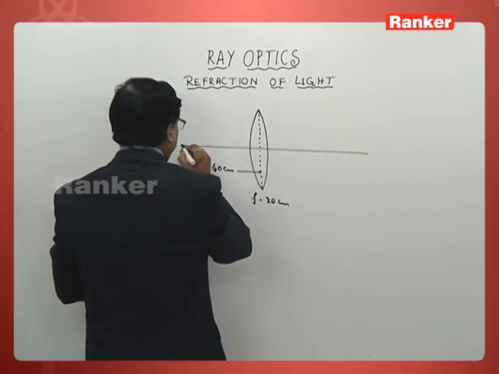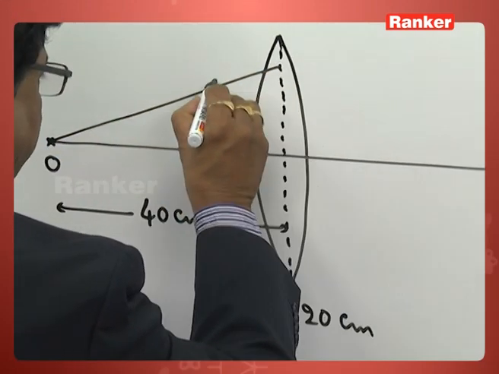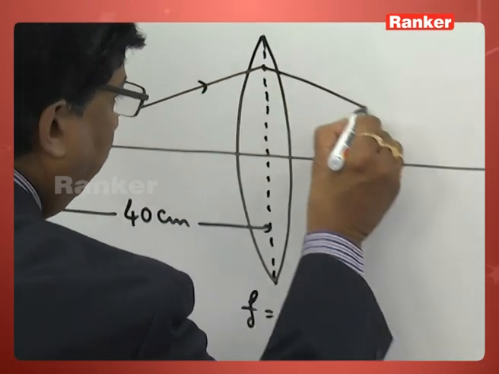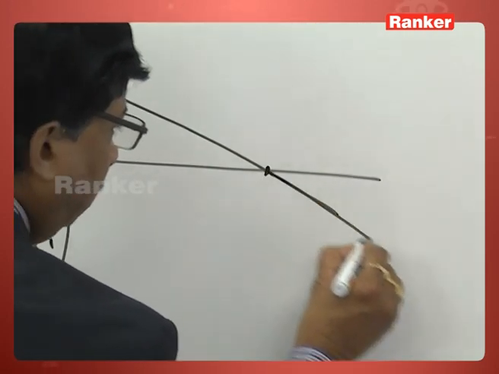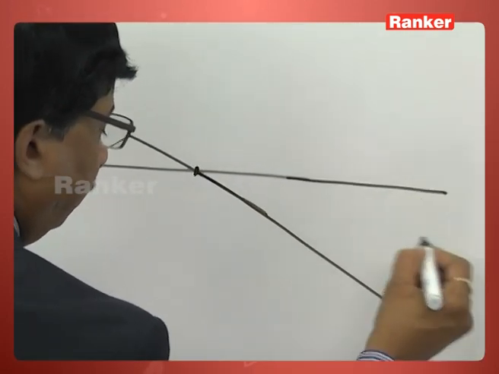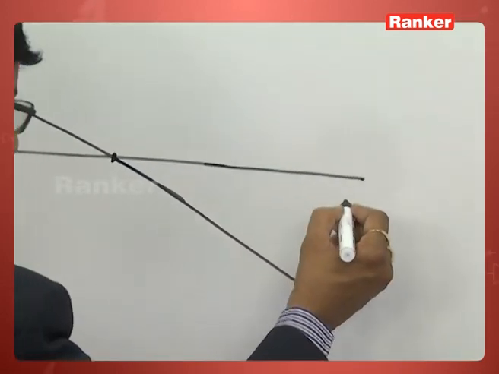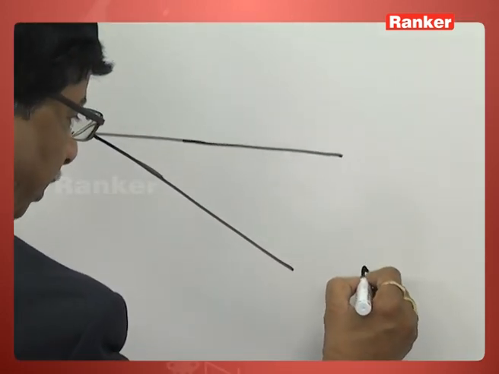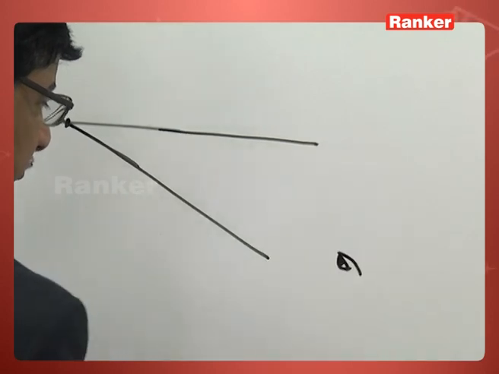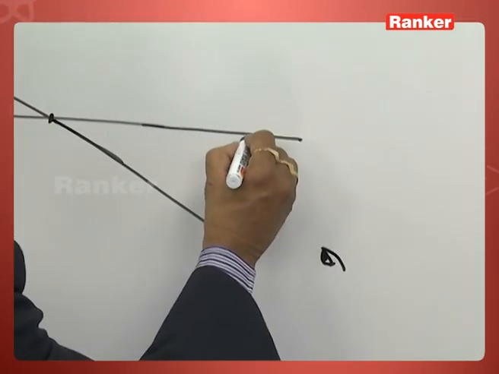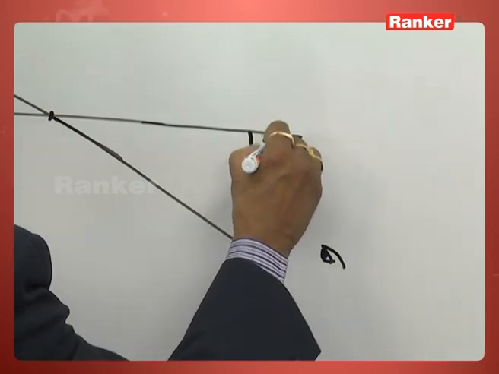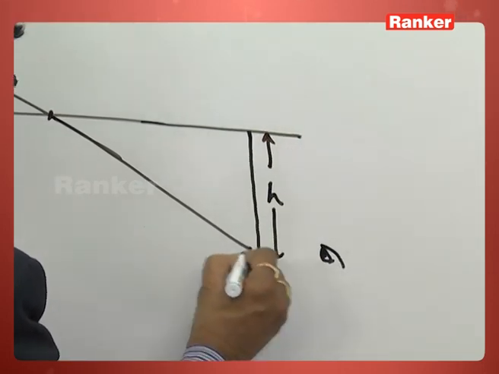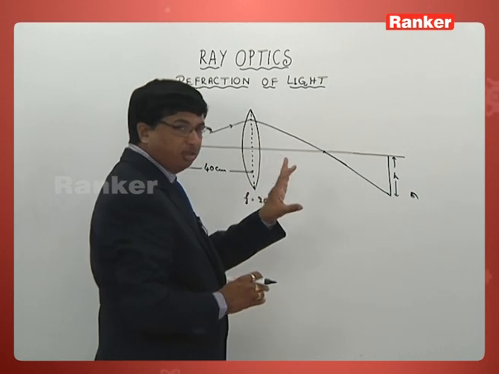Now the ray that is striking here forms the image here. But in this problem, the eye is kept somewhere here, at a distance, say h, below the principal axis. That is what has been mentioned there.